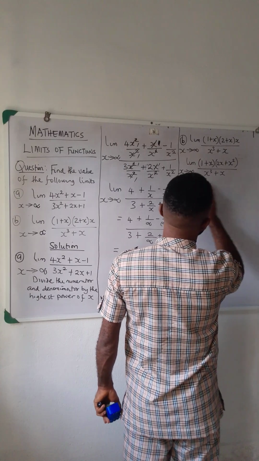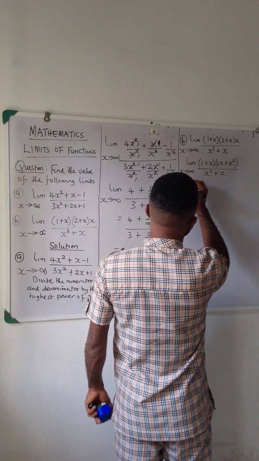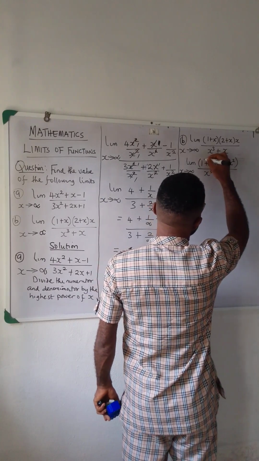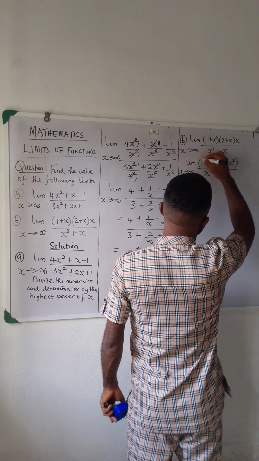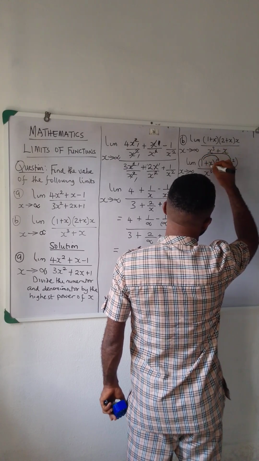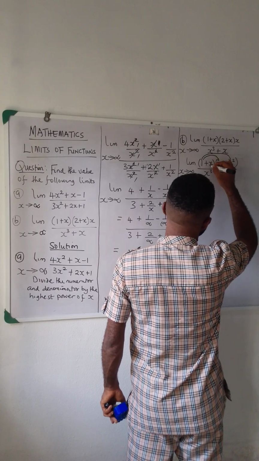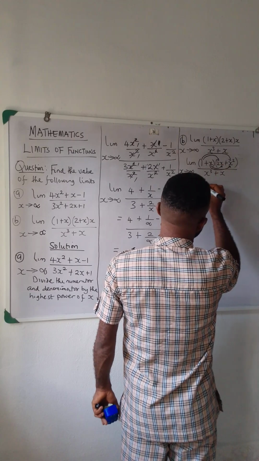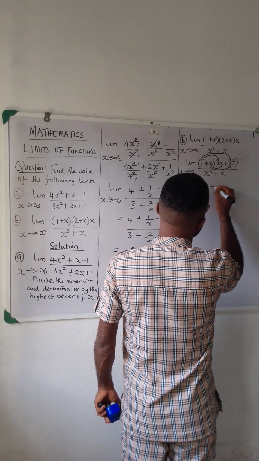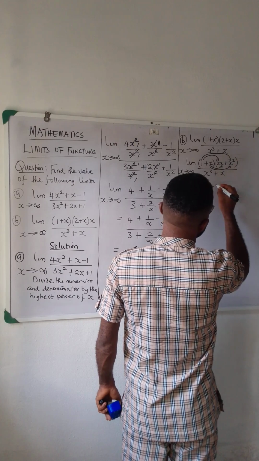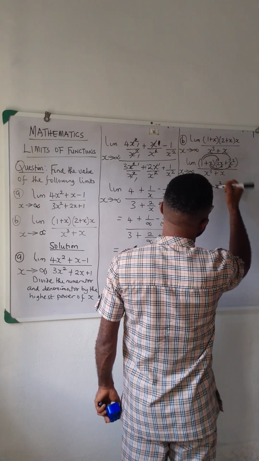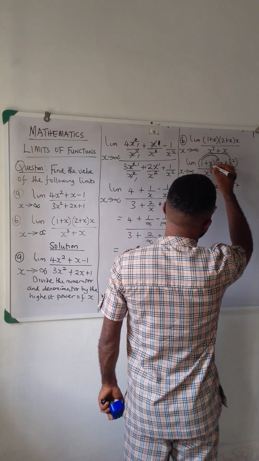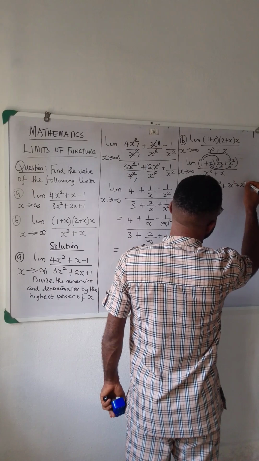Okay, let me start again. This will be limit, 1 times 2x will give us 2x, plus 1 times x squared will give us x squared, plus x times 2x will give us 2x squared, plus x times x squared will give us x cubed.